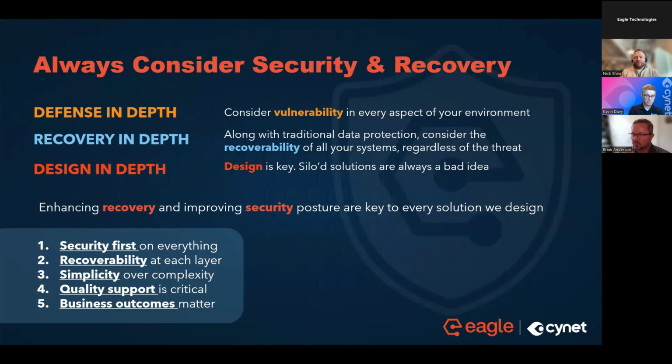And so, of course, we've continued on that. We architect recoverability and security at every layer. It's not just the endpoint. We want to architect multiple ways to detect a threat and to also have recoverability architected into your environment. My favorite saying here is that every solution you acquire or replace and every setting you change is an opportunity to improve your security posture and your recoverability. And that's something that Eagle spends a lot of time focusing on, and we'd love to join you in that journey.